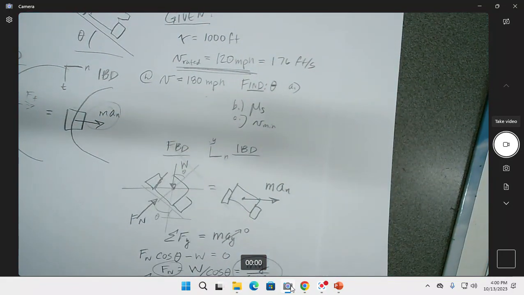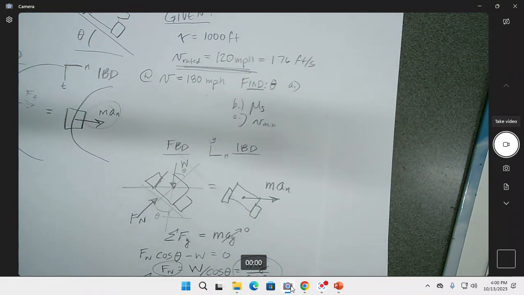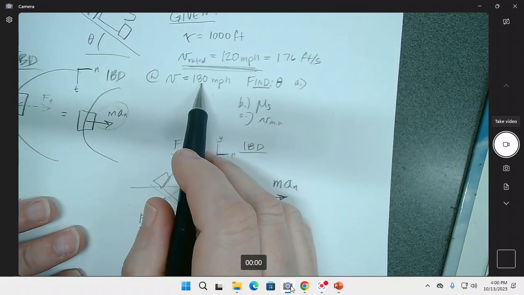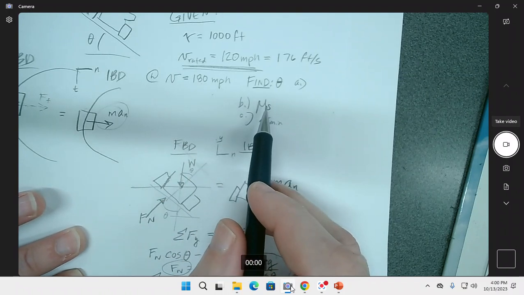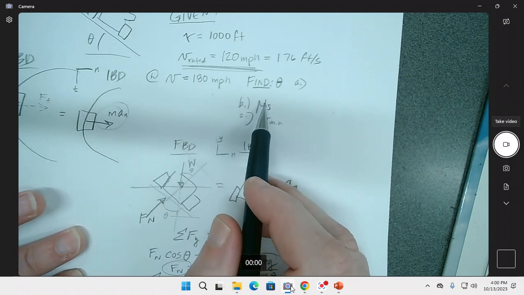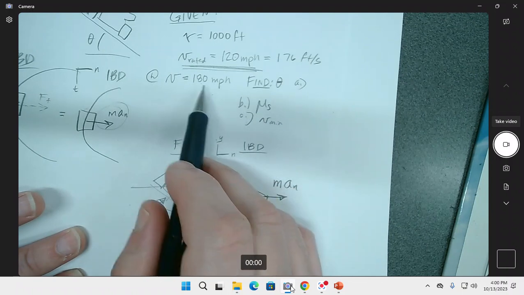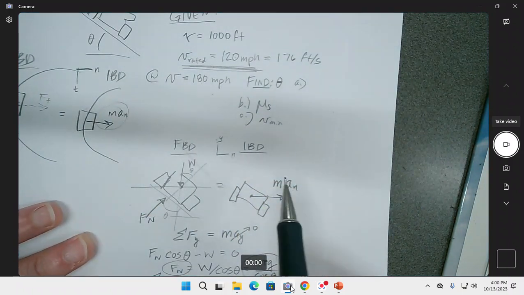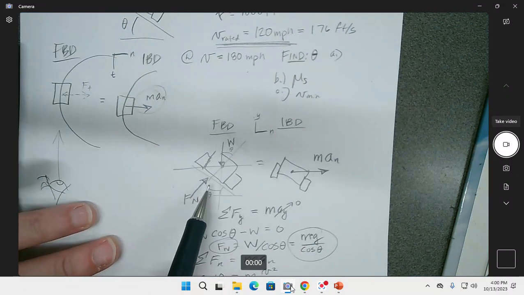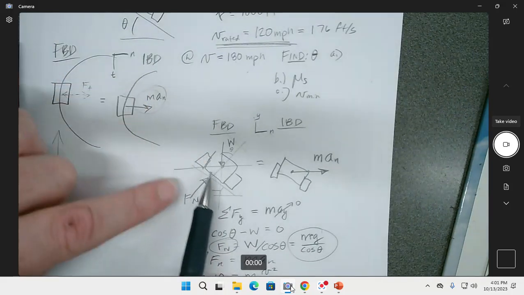And I think they said at 180 miles per hour it starts to slip, right? So it starts to slip means that the car starts to move up, right?